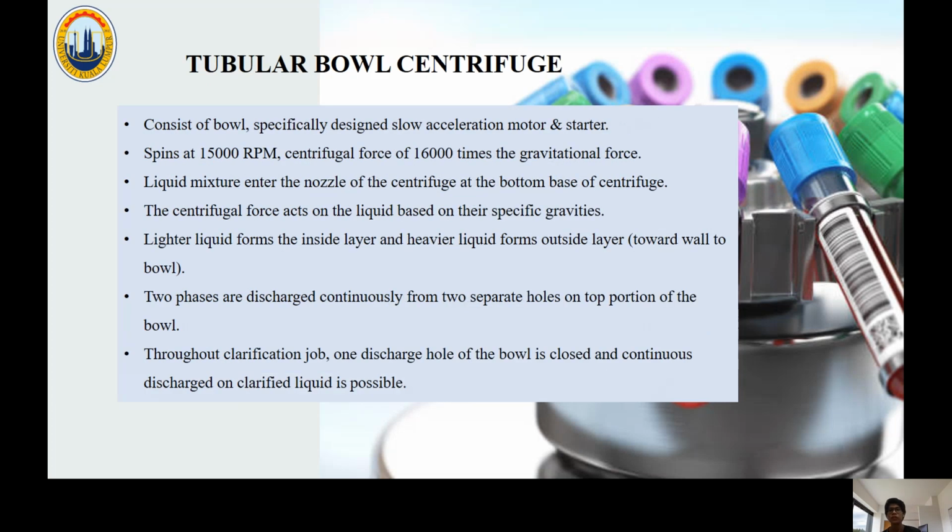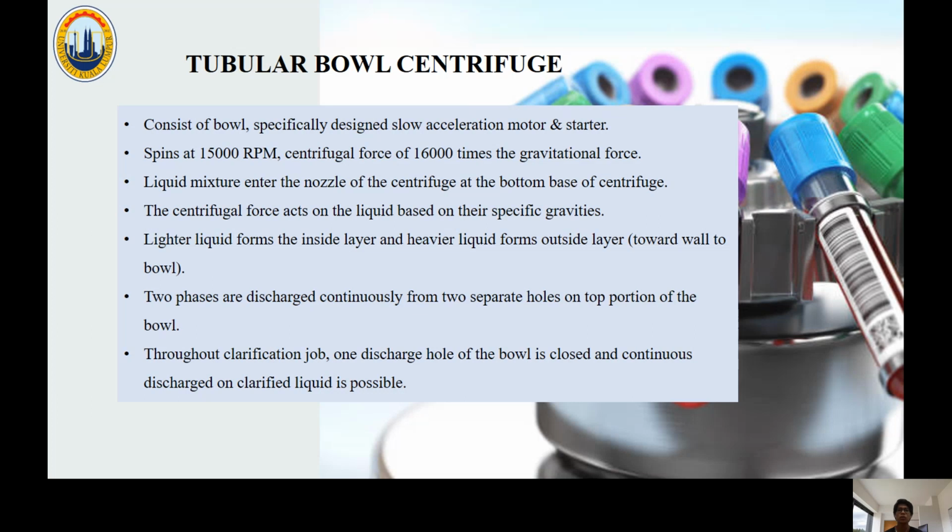The first example of production centrifuge is the tubular bowl centrifuge. A tubular bowl centrifuge consists of a bowl specifically designed with a slow acceleration motor, and it spins at 50,000 RPM, which can generate centrifugal force of 16,000 times the gravitational force.